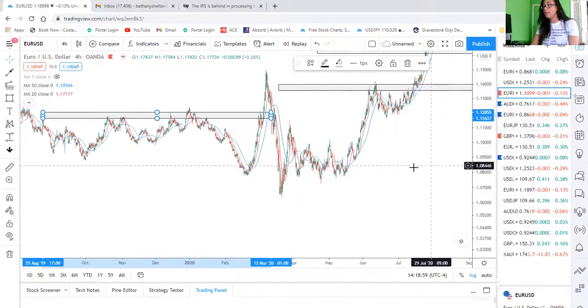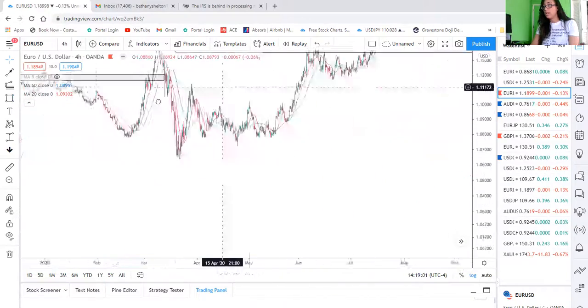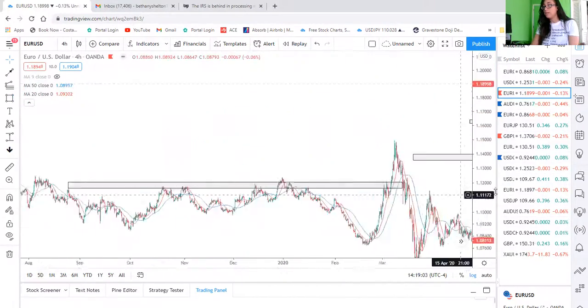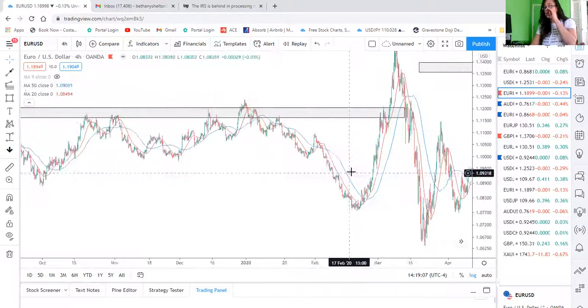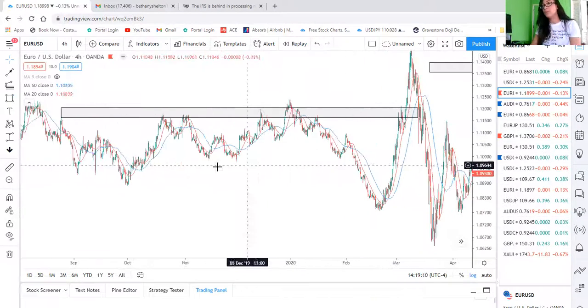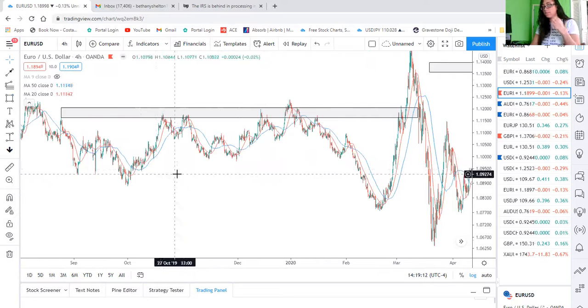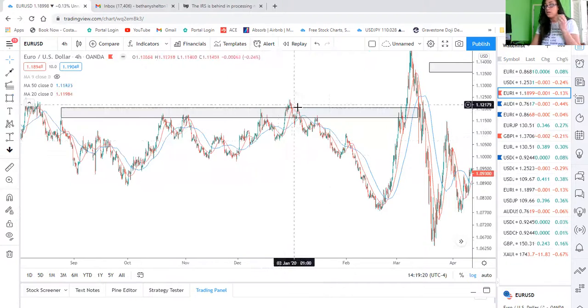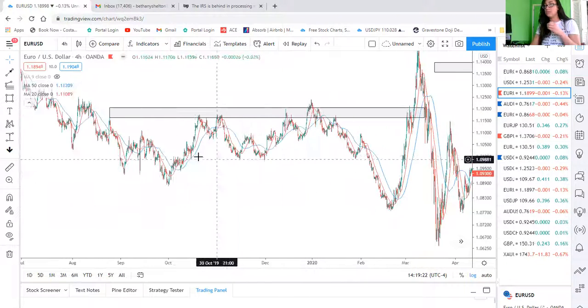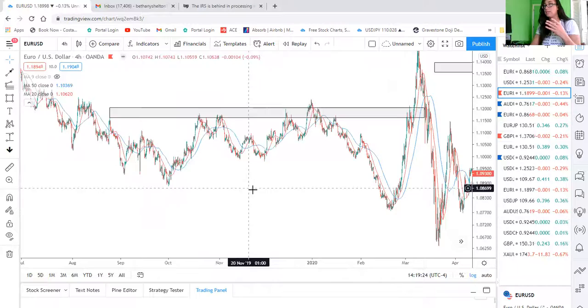Price came up here, shot back down, came up here, shot back down, came up here, shot back down. So this is pretty much price leaving the area really fast.